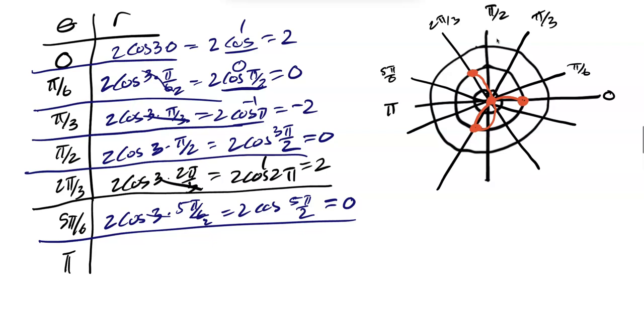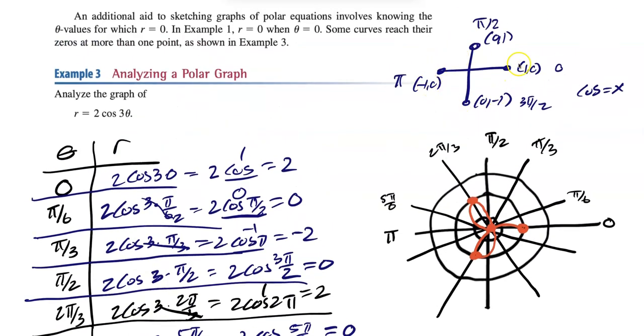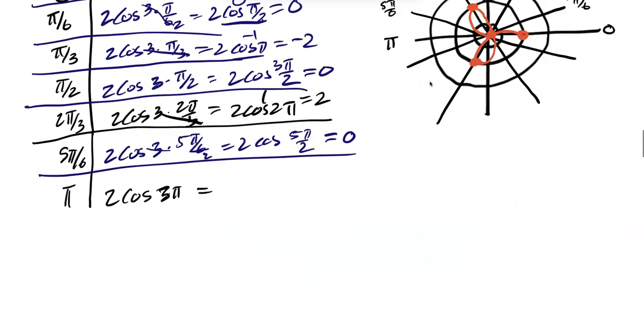So we go back down to 0 again. And then one more, 2 cosine of 3 pi. 3 times pi. Well, here's 0, here's pi, here's 2 pi, here's 3 pi. 3 pi is this spot right there, so negative 1. So it's 2 times negative 1, so negative 2.